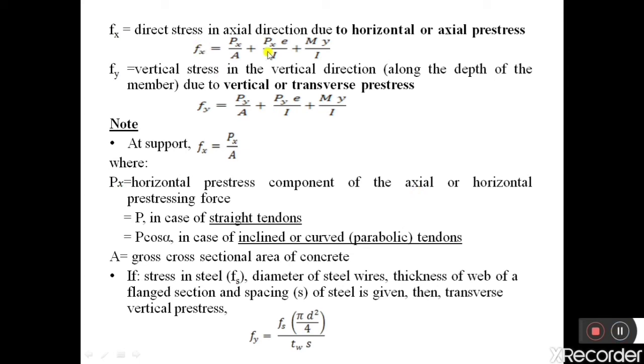So remember this formula, f of x is equal to P by A plus P into e by I plus M into y by I. So here it is plus or minus M into y by I, depending upon the type of bending moment.